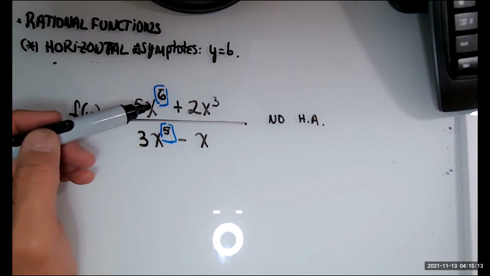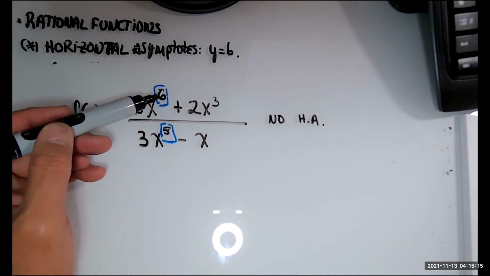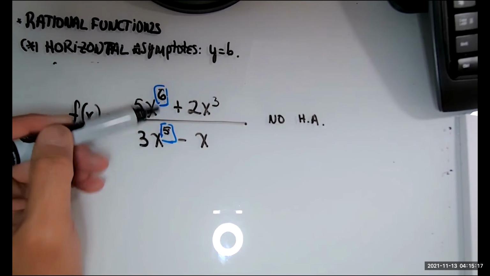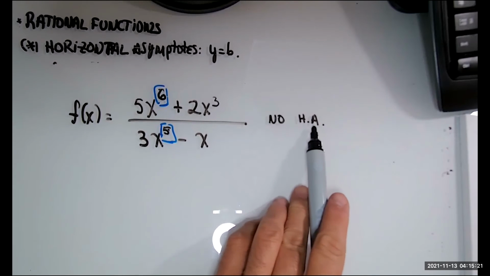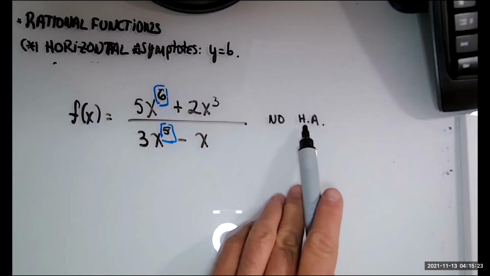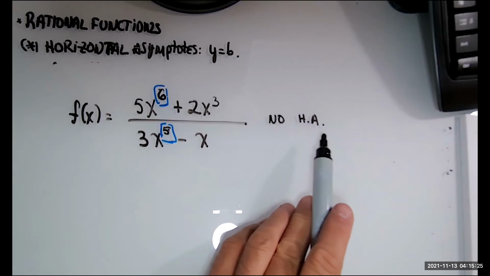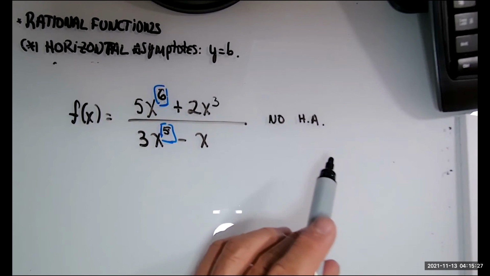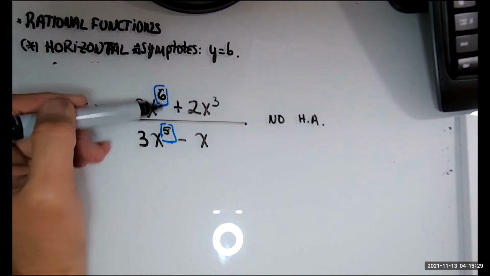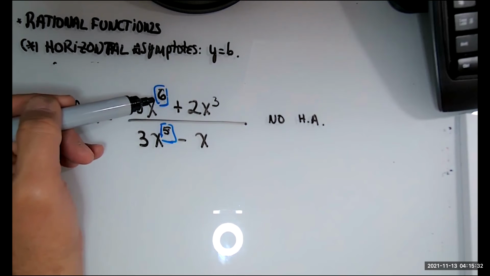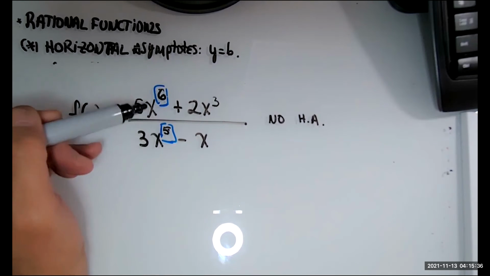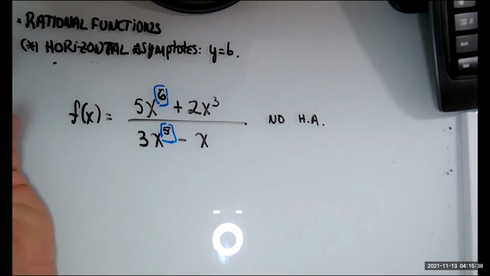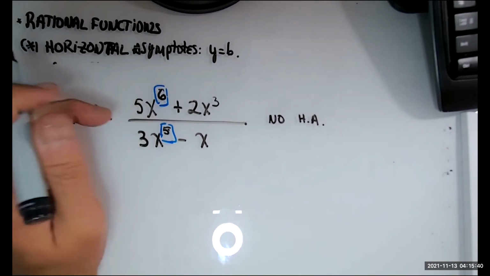Just a quick comment, when the degree of the numerator is higher by 1, just like in this case, we say that the function doesn't have a horizontal asymptote. However, it will have a slant or oblique asymptote. If the numerator is higher by 1 in the degree, then we have a slant or oblique asymptote. But we don't care so far.